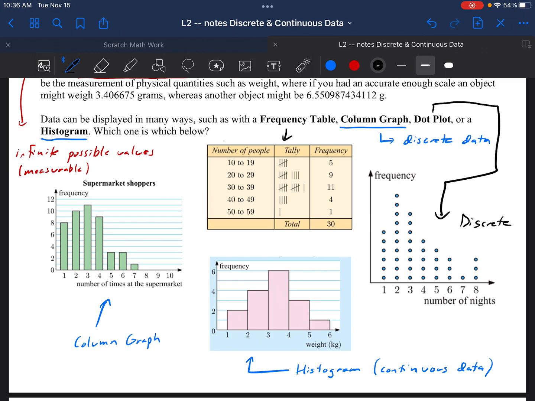Okay, so I'm actually going to put that in, because if I do that, then it does become a continuous data set. But maybe it's just the number of people. Yeah, I think that makes sense. But I'm gonna stick with that. Okay, you could use a frequency table for discrete data, but you can't use a dot plot for continuous data. All right.